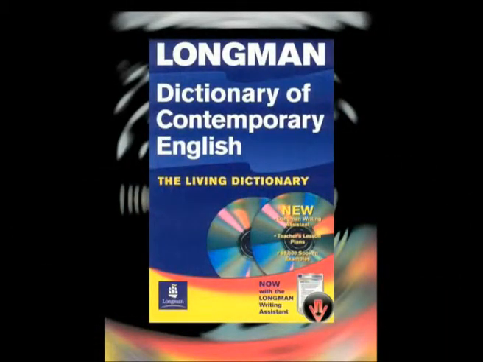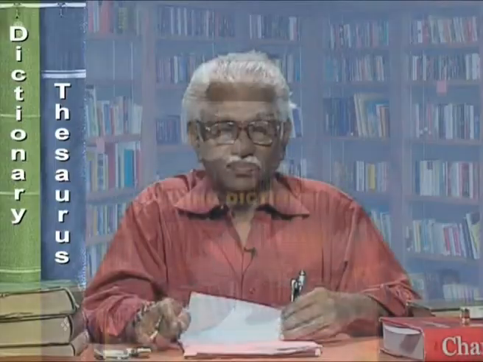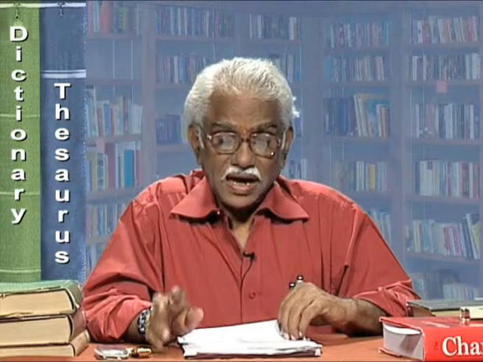Now, let me take you to what is happening to this concept of thesaurus in the new dictionaries. Longman Dictionary of Contemporary English, 5th edition, adds an interesting note called thesaurus to explain the differences between words which are similar in meaning and give examples to show how they are used differently.